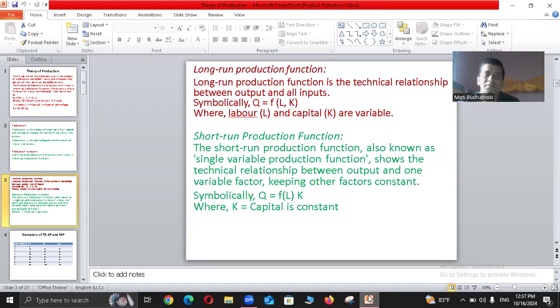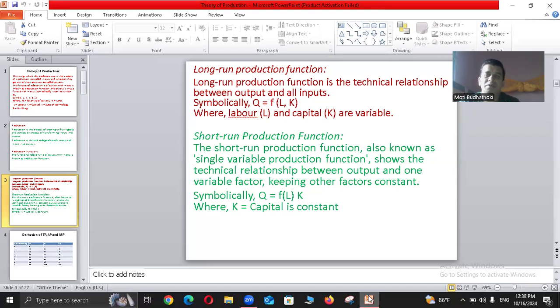In case of short run production function, also known as single variable production function, it shows the technical relationship between output and one variable factor, keeping other factors constant.